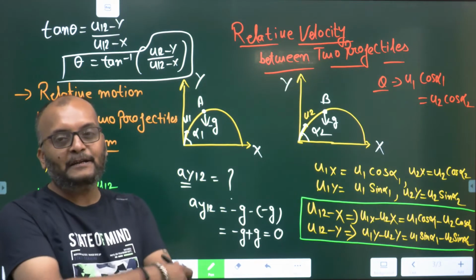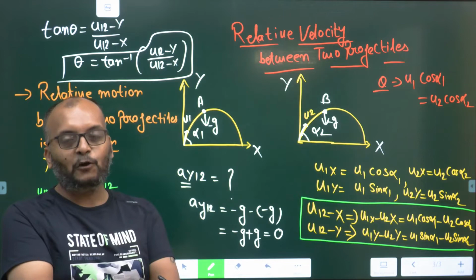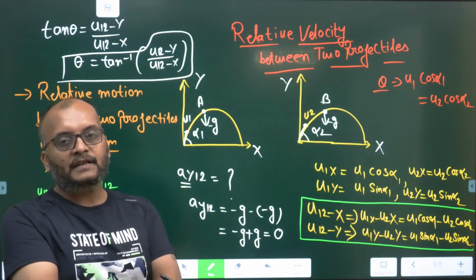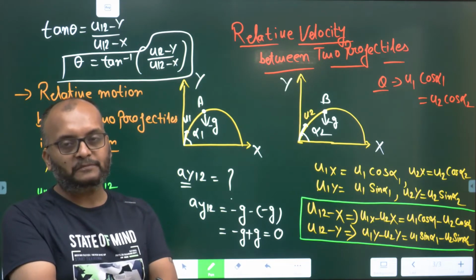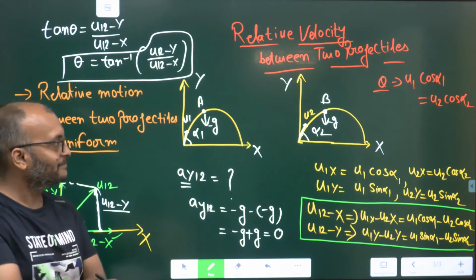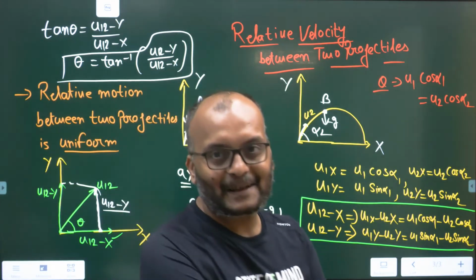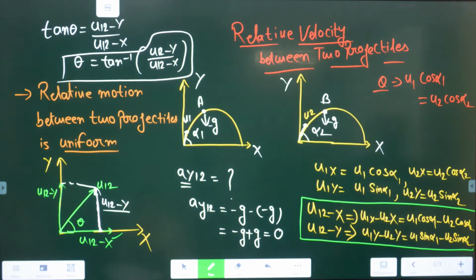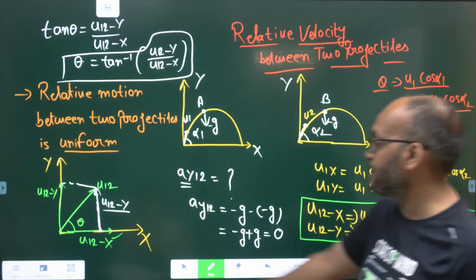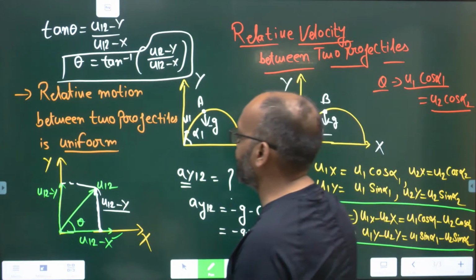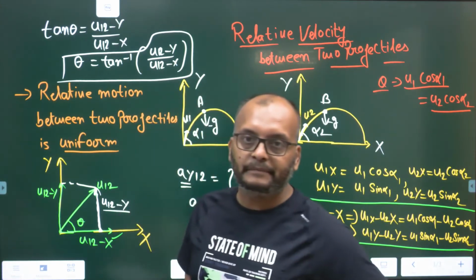What will be the resultant motion of the projectile, along which axis or along which plane? Again, IIT question, a past year question. If u1 cos alpha 1 is equal to u2 cos alpha 2, then along which direction will the combined motion of the projectile be?